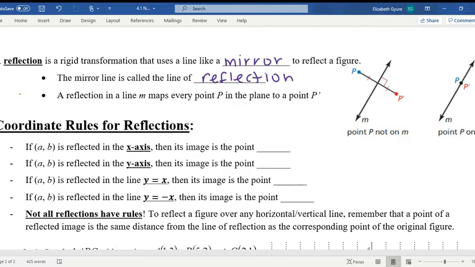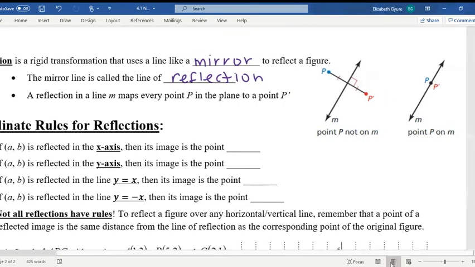And what happens is that a reflection in a line, any line M, maps every point P in the plane to point P prime. So same idea where you're going to start with a regular old point, and then when you move it, it becomes prime. So if you look at these two little diagrams here, this is just something to think about.